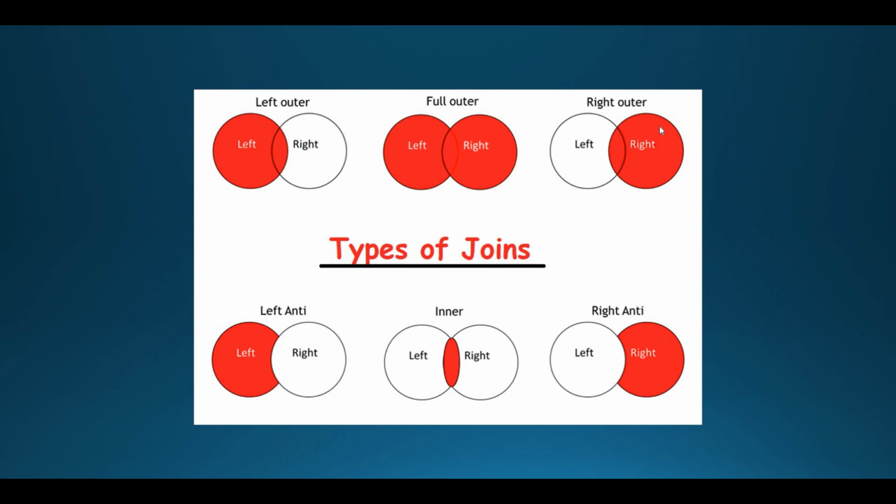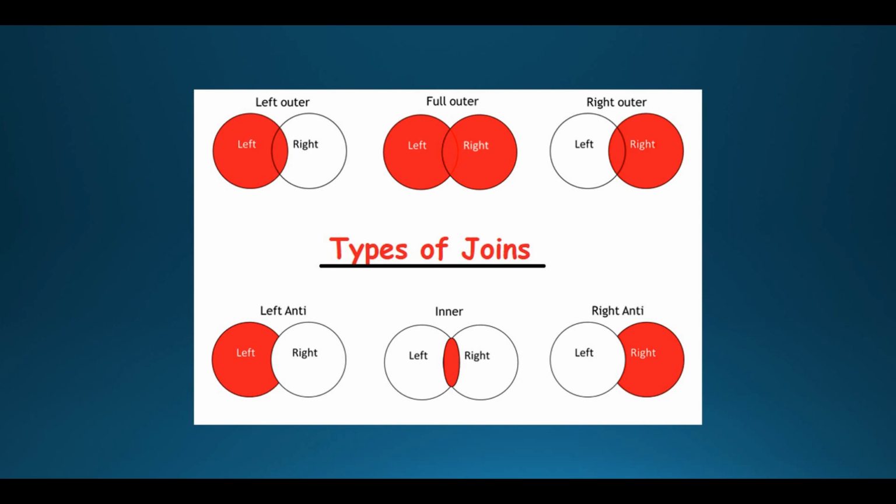It depends on which table you are choosing first. Whatever table you choose first is treated as the left table, and whatever table you choose next, or second, acts as the right table.